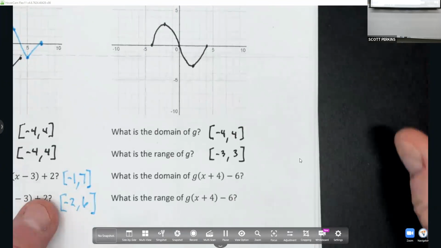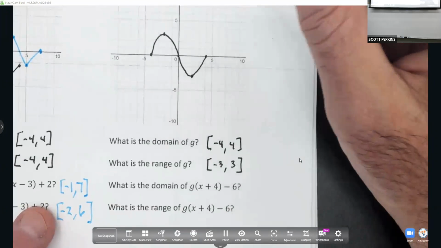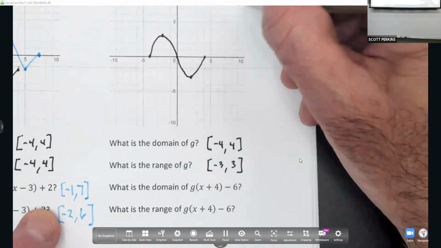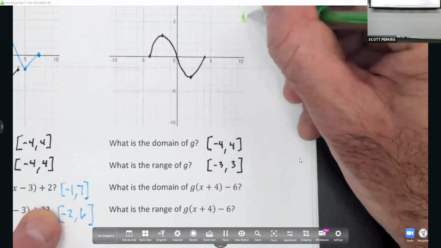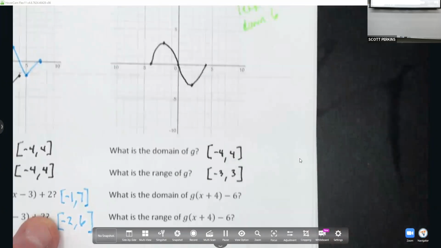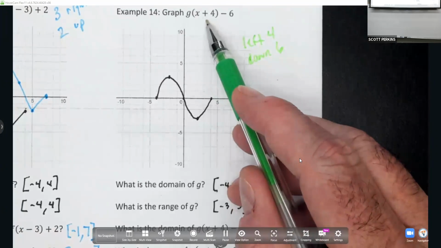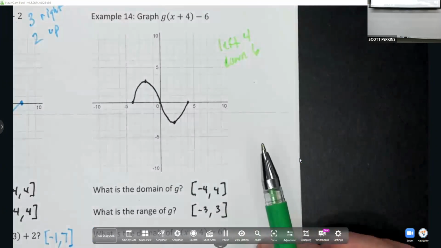All right, so what two things happen to the function g right here? Left 4, down 6. Fantastic. The left 4 comes from the x plus 4. The down 6 comes from the minus 6.